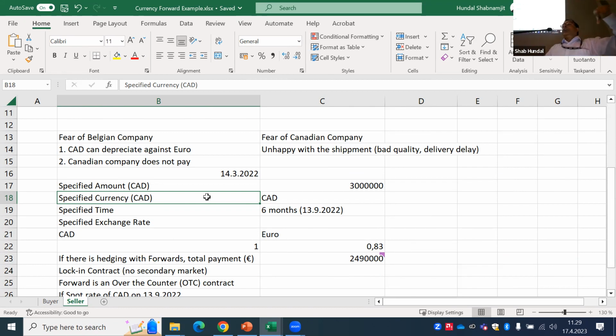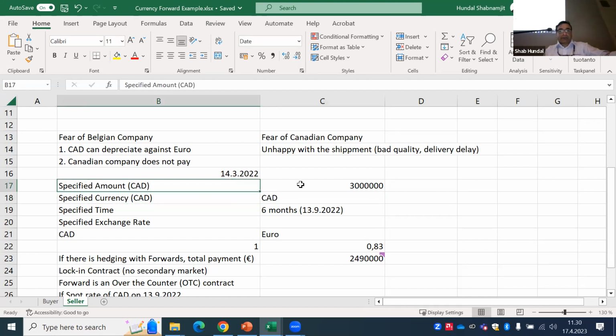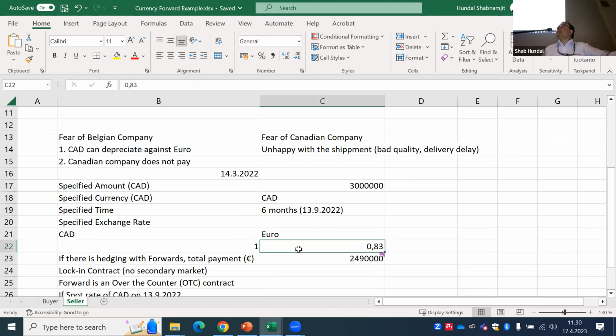This time the contract is that you have to provide the bank with 3 million Canadian dollars. Whether your underlying contract remains or doesn't remain is a different thing. You have to provide the bank 3 million Canadian dollars on the due date. Specified currency, Canadian dollar, specified amount, 3 million, specified time, 6 months, and the specified rate of exchange is this.